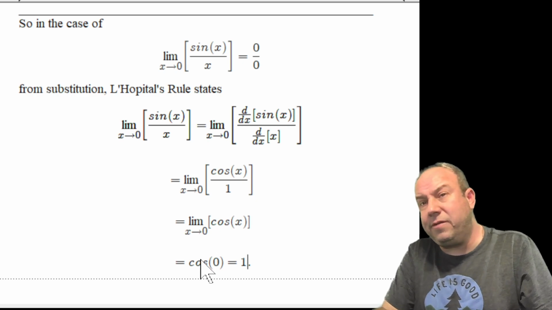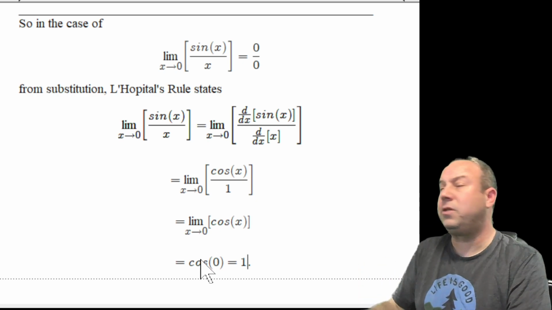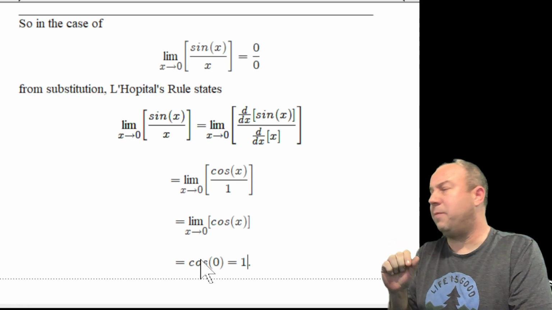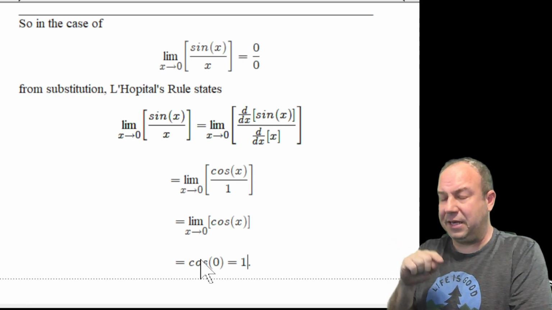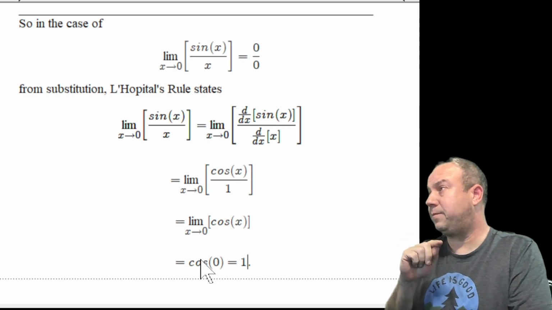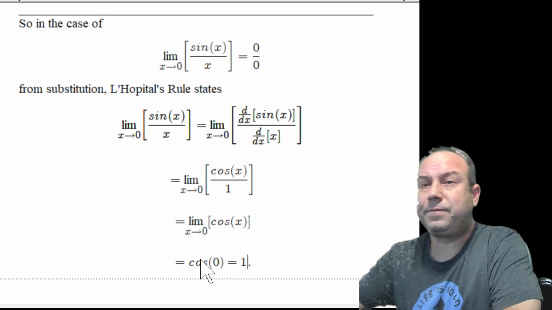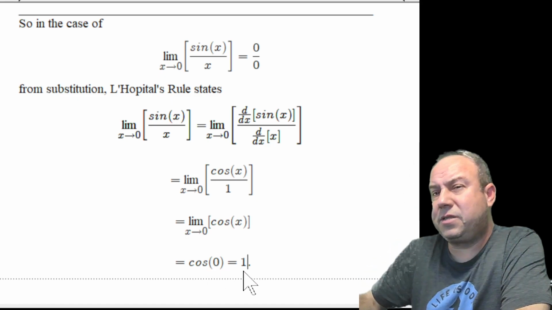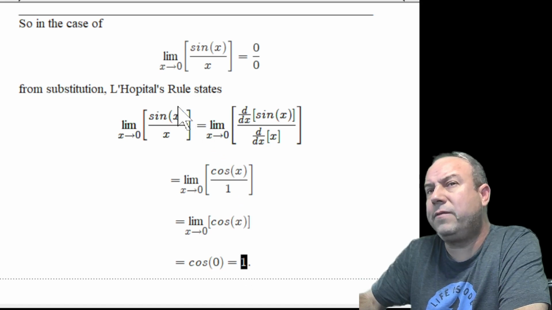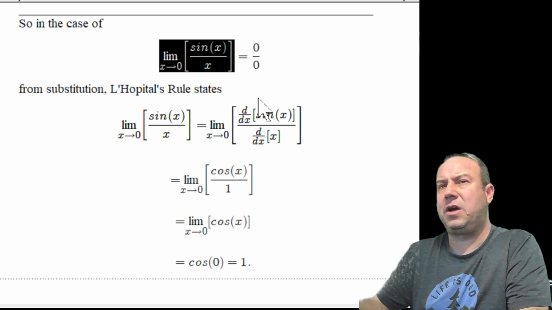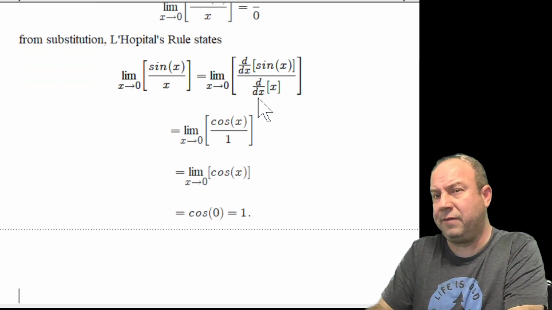The noted value of the limit that we showed earlier this semester using a little geometric setup and the squeeze theorem. All right, that is L'Hopital's rule. We came upon this result of 1 for this limit pretty quickly, pretty easily just using our rule of derivatives.